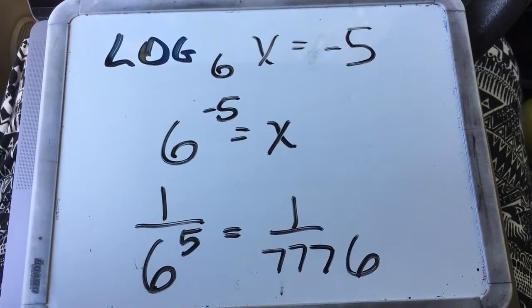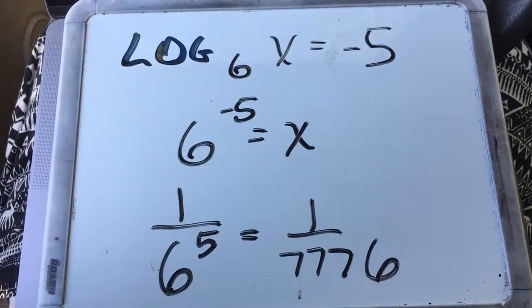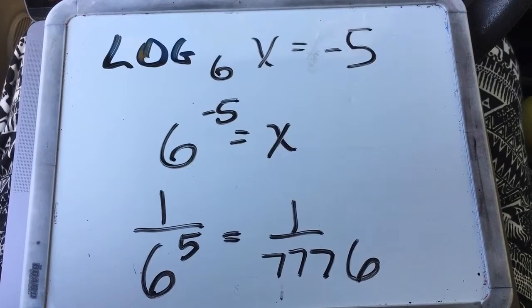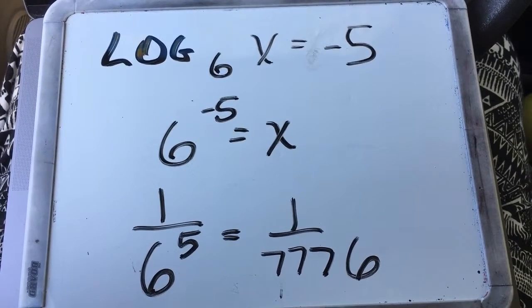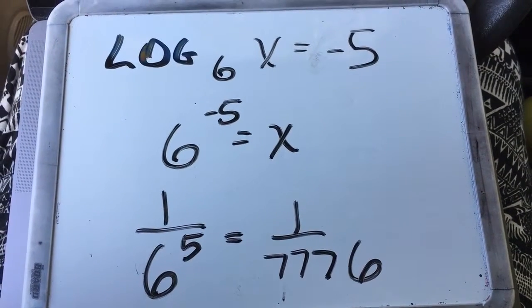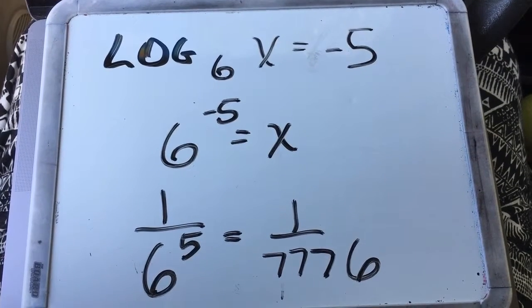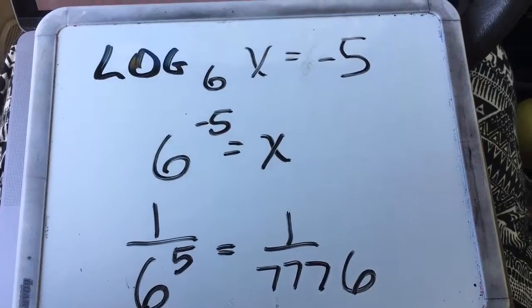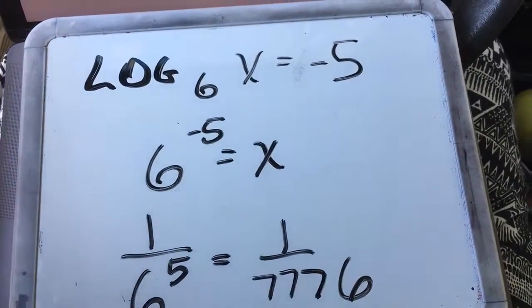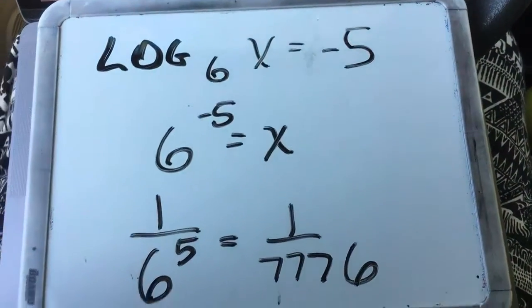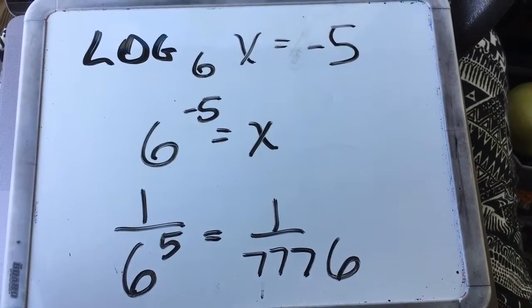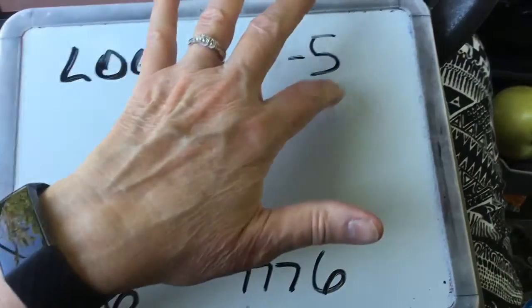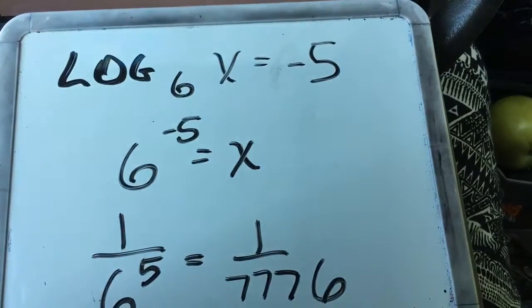So the problem is number 6 on the video: log base 6 of x is -5. So all we have to do is turn the equation into its exponential form, which is going to be 6 to the -5 is equal to x. It's always base to the exponent gives you the argument.